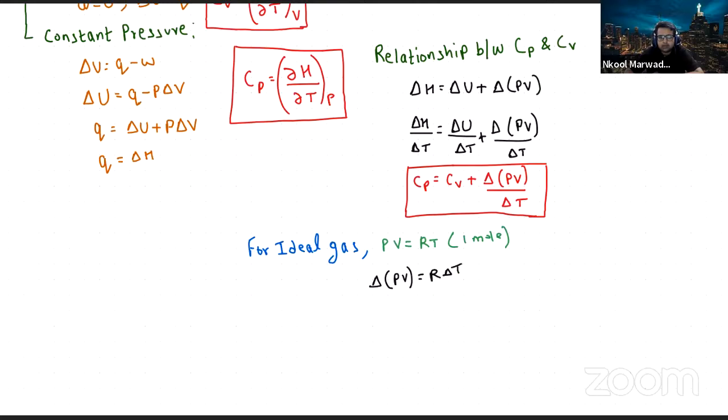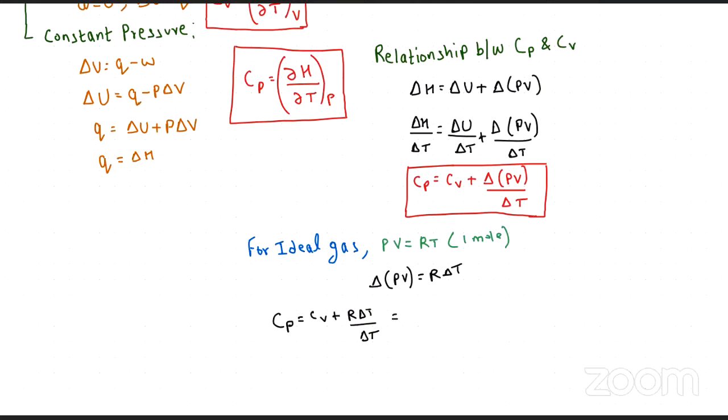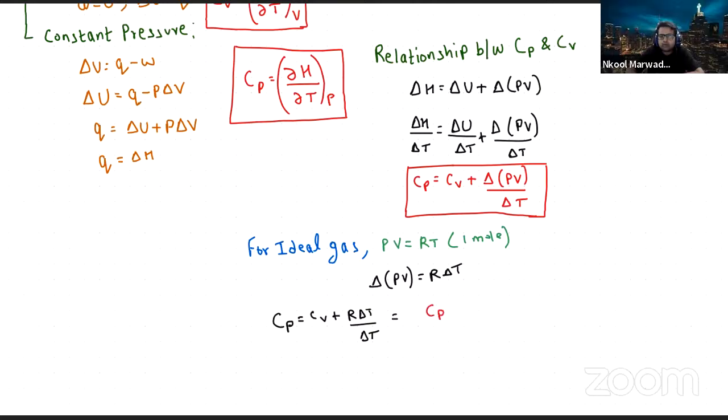So in the relationship, instead of delta PV, we can write R delta T. So the relationship will become Cp is equal to Cv plus R delta T upon delta T. And this delta T will cancel. This equation is applicable only for ideal gas. For ideal gas, Cp is equal to Cv plus R.